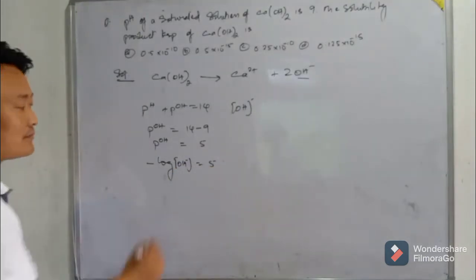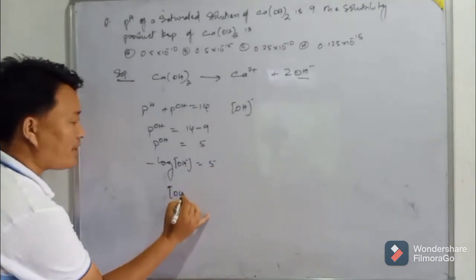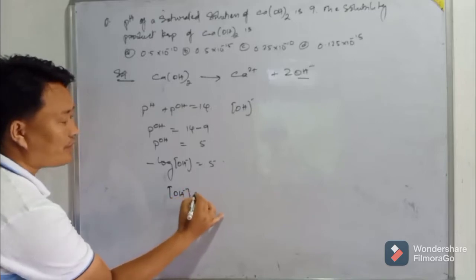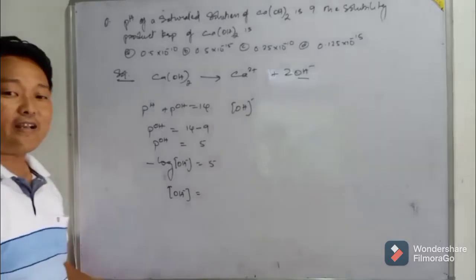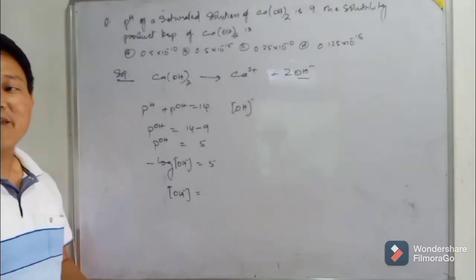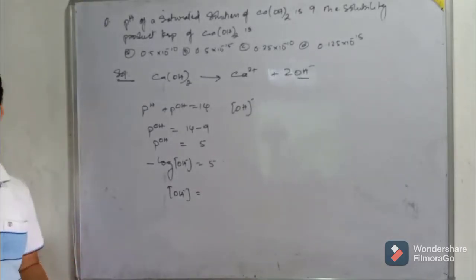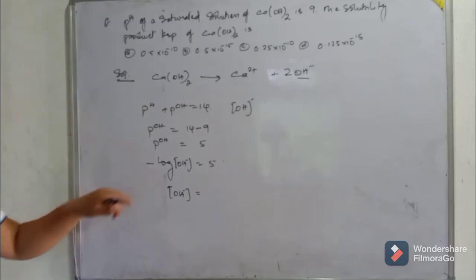Then OH to the power minus 1, which is equal to what? How much now is it? Anti-log.